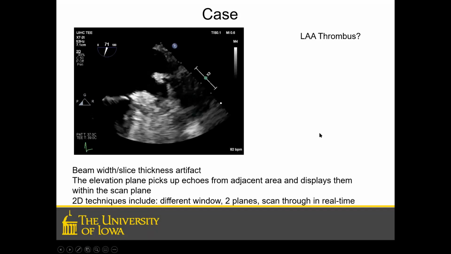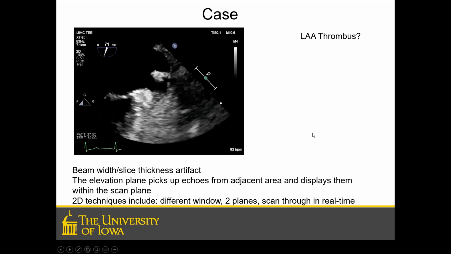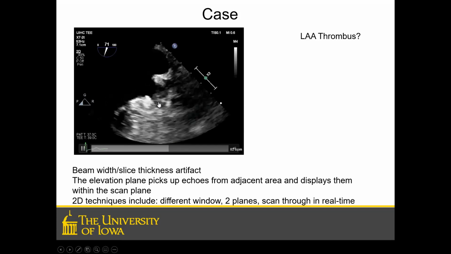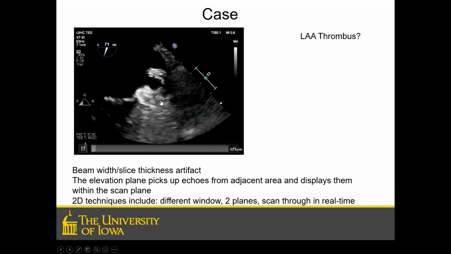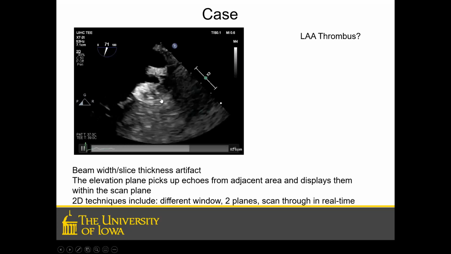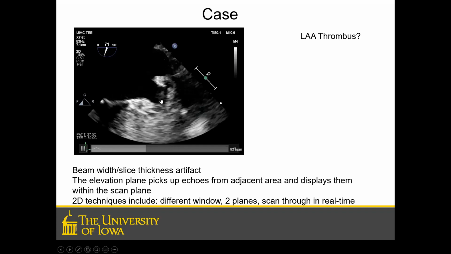All right, this is the beam width or slice thickness artifact that we had the question about. So the elevation plane is picking up echoes that are adjacent to the appendage and placing them as if they're in the scan plane. So what are you going to do for this? You always need to see things in two planes.